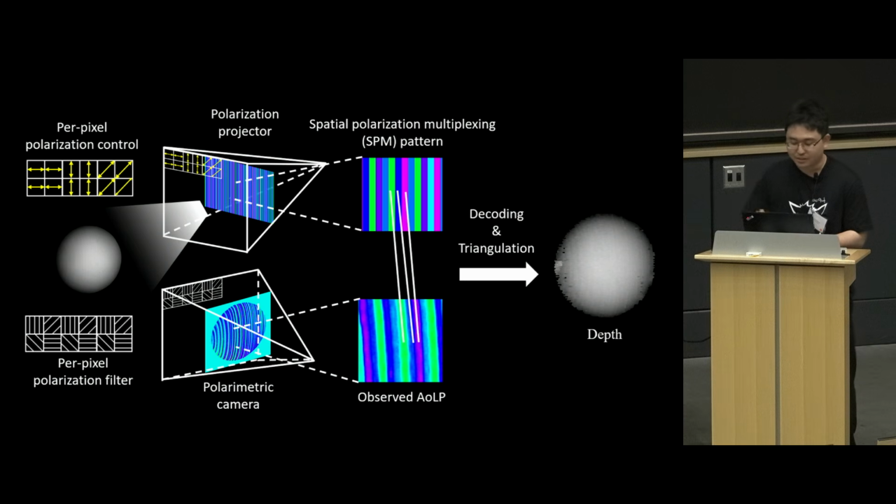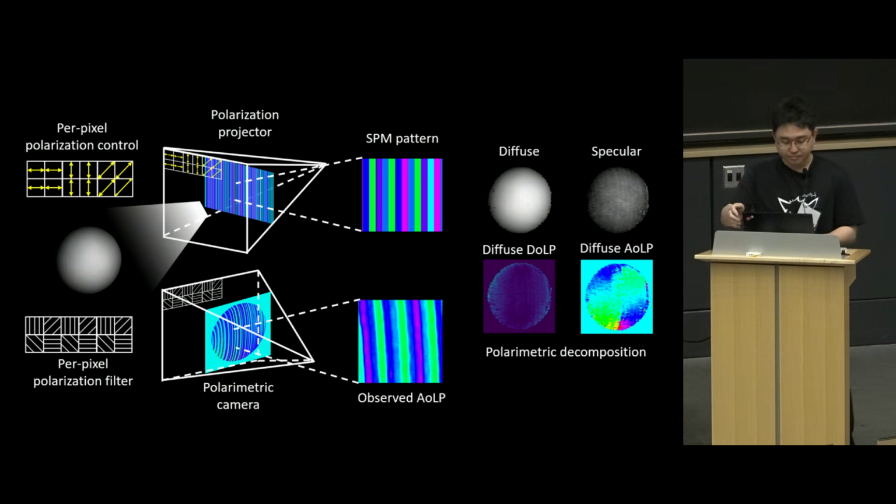A stripe pattern can be decoded by comparing the stripe line sequences before and after reflection for triangulation. For BRDF estimation, our method decomposes the captured polarimetric image into polarimetric specular and polarimetric diffuse reflections.